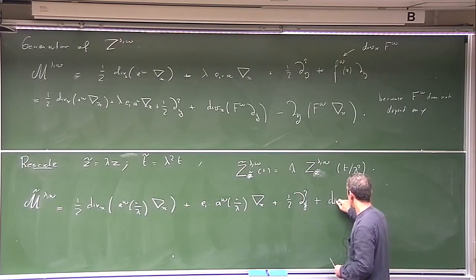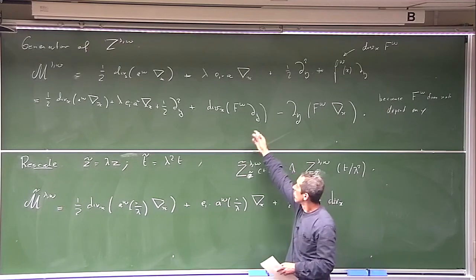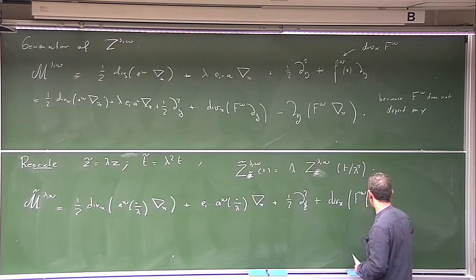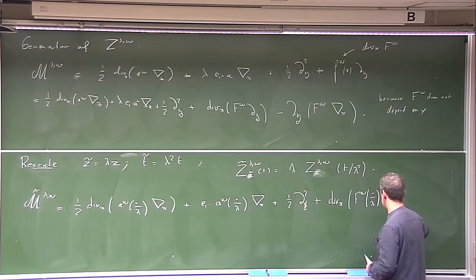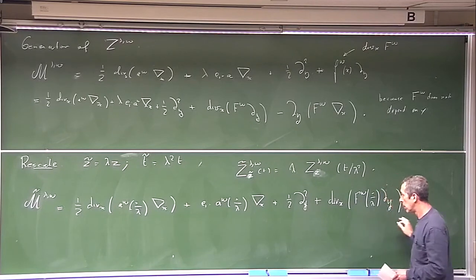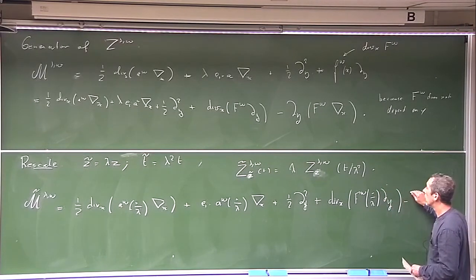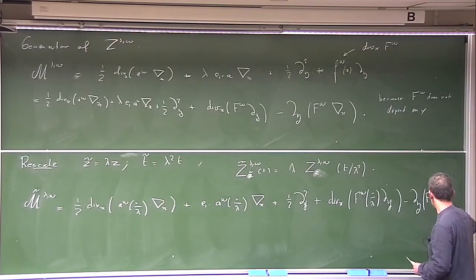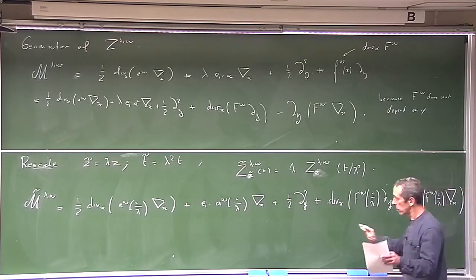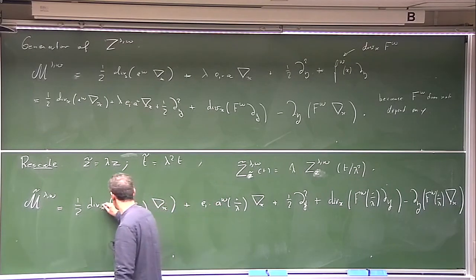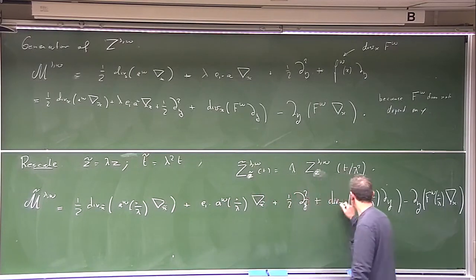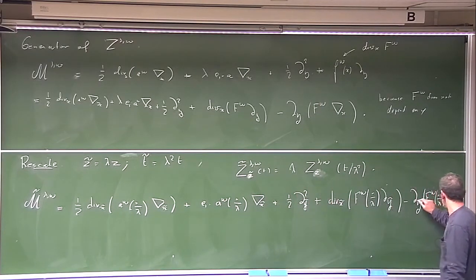And then this term has two derivatives, so the lambdas disappear, but we rescale F omega. Everything is wrong, but I'm going to correct it. And then the last term is also a second derivative, so we get omega that we rescale, and then we get the gradient. So everything is like this, except that it's all in tilde variables, so you should put tildes everywhere.